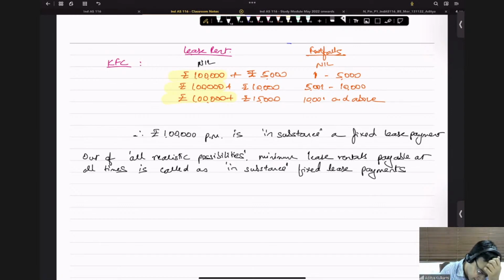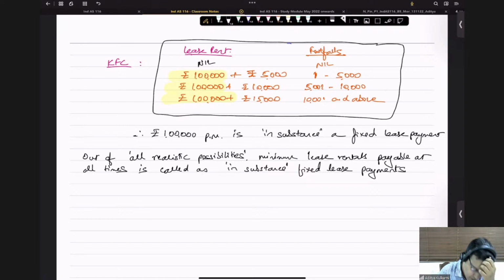So now you tell me, what is the minimum lease payment here, once I modified the example? Minimum lease payment is nil.